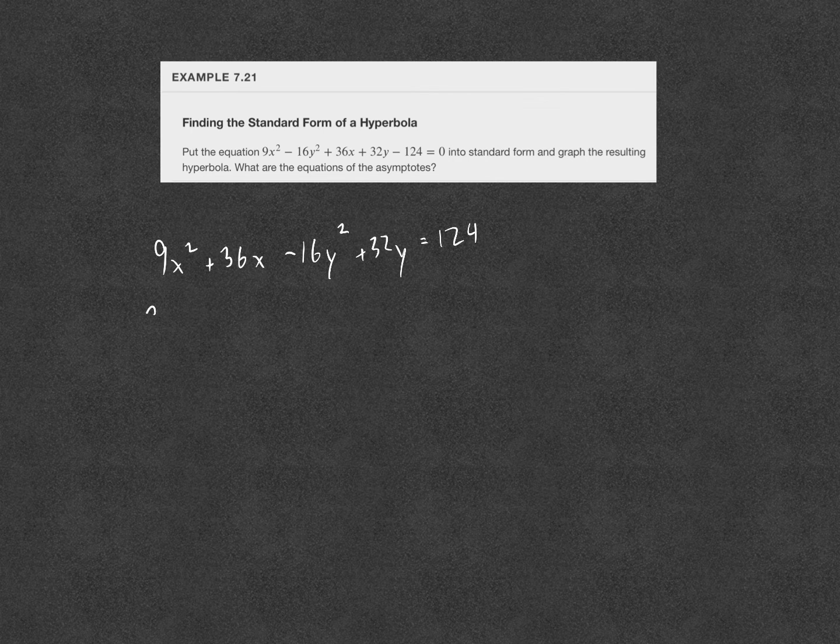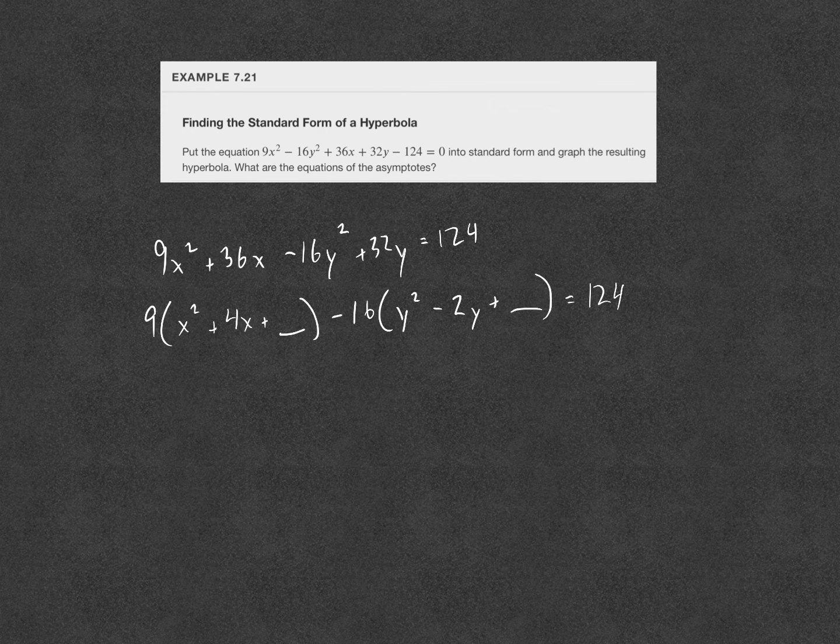Now the next step is to factor the 9 out. 9 times x squared plus 4x, and I'm going to write plus blank inside of that parentheses. Then we'll factor the 16 out of the y squared and y terms, but I'm also going to take that negative out in front. So minus 16 times y squared, that 32y becomes just minus 2y plus blank, equals 124.